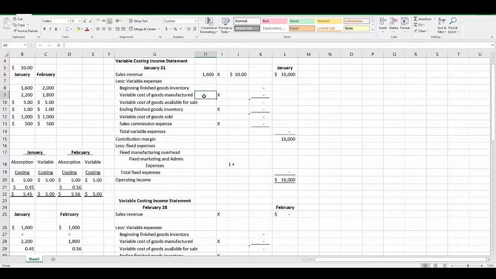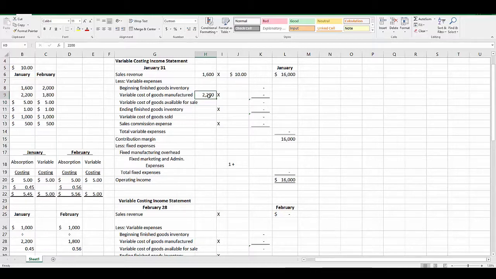So now what we want to do is calculate the variable cost of goods manufactured. So the units that you manufactured is 2,200. So you have to be careful here in distinguishing between the number sold versus the number made. They don't have to be the same, and in fact they rarely are the same.